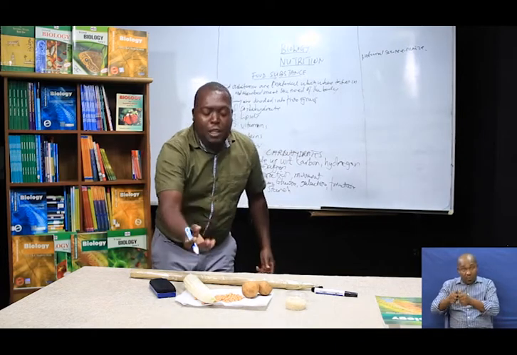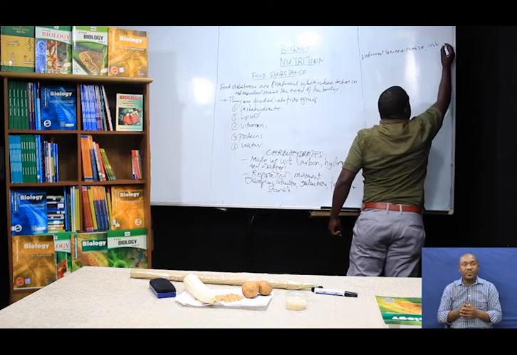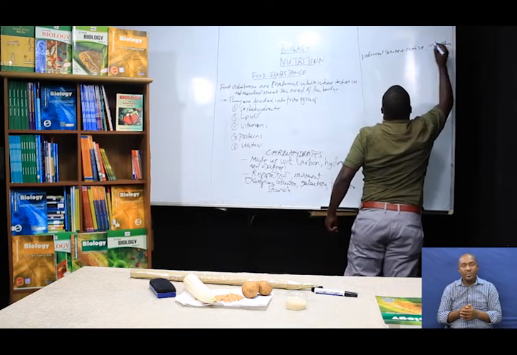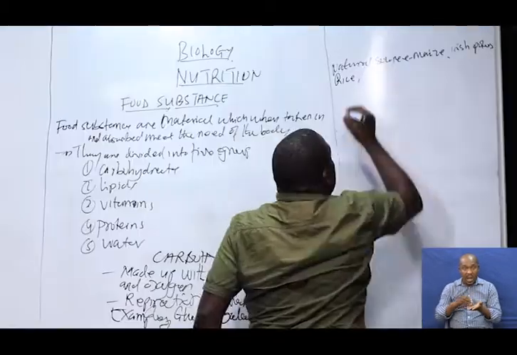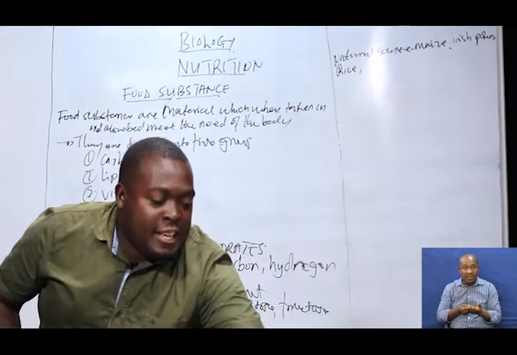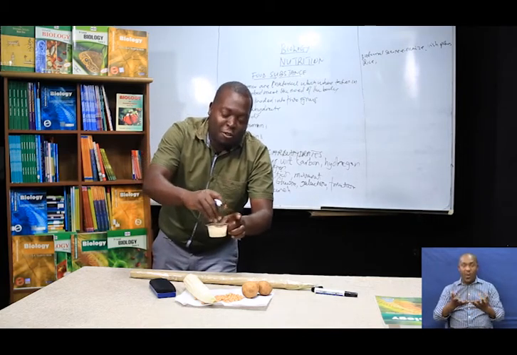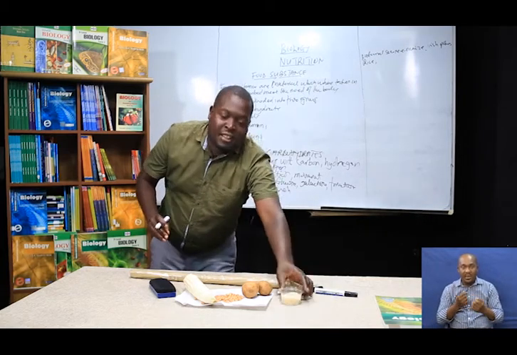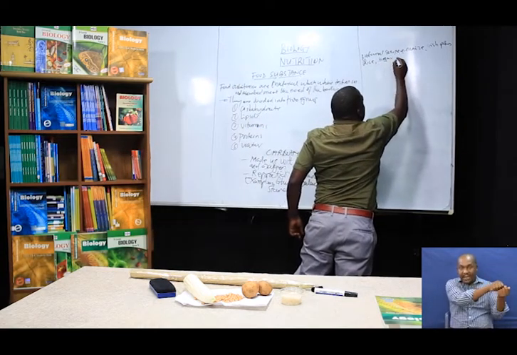Carbohydrate. But apart from this, we also have rice. Another example is rice. This is our lovely food we need in our daily life. That is rice. Another one is sugarcane, and others.